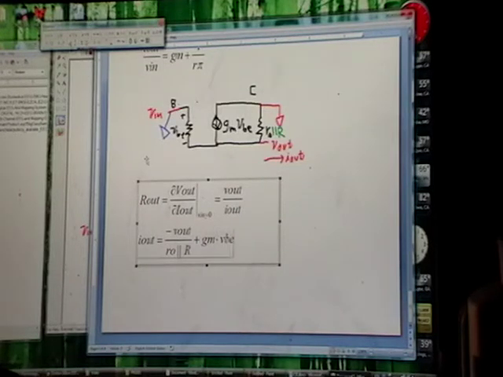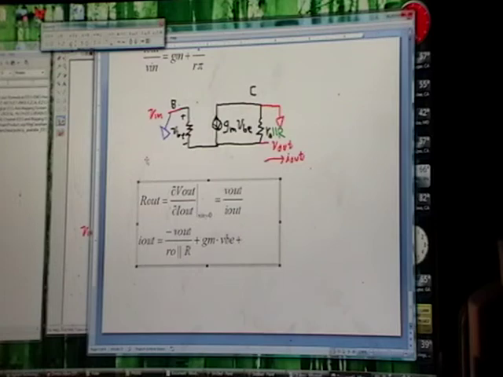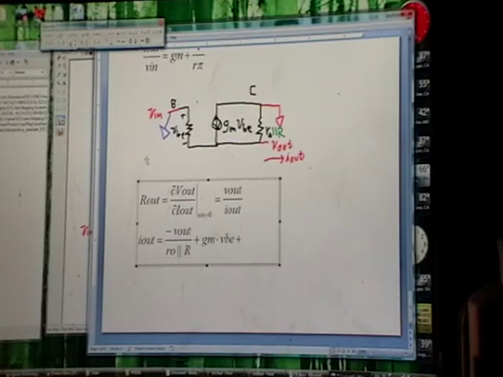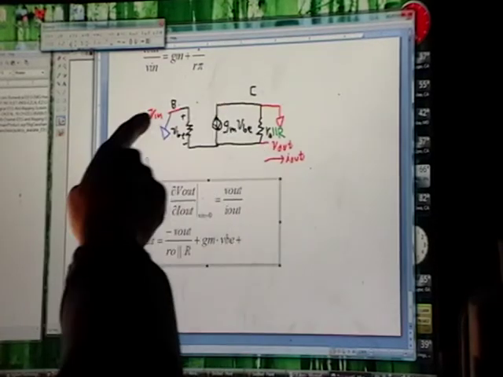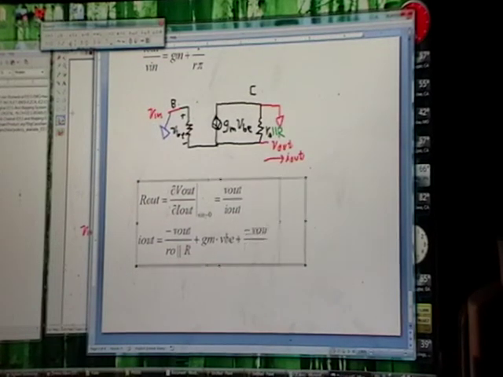VBE, and then plus the current through R pi right here that I keep forgetting to draw in on the picture, but that is V in minus V out, but V in equals 0. So again, this is negative V out over R pi.